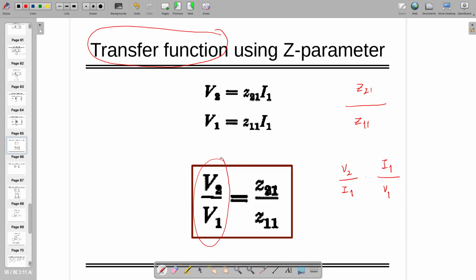If V2 is output and V1 is input, then the ratio of these two is the transfer function, right? These are just the equations which will be useful for finding the transfer function.